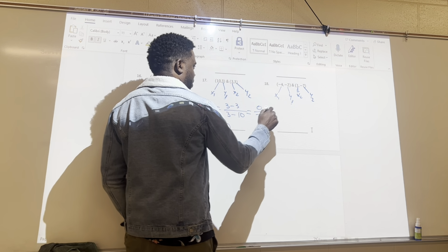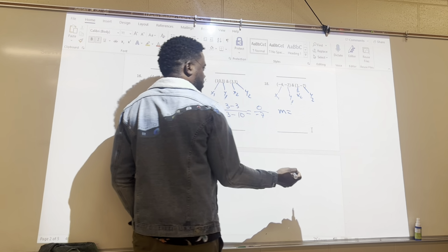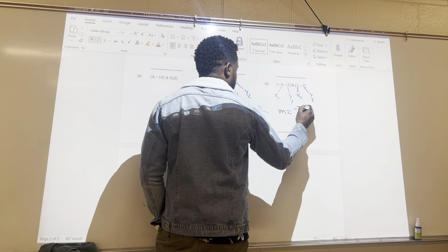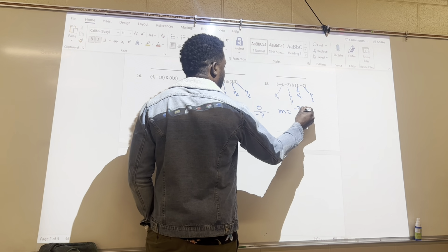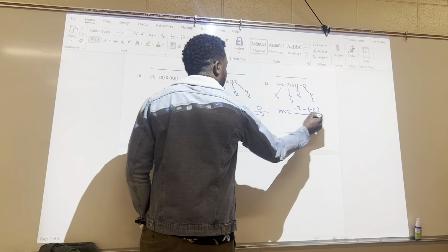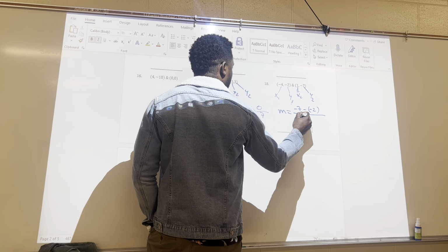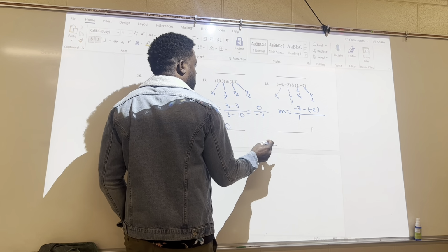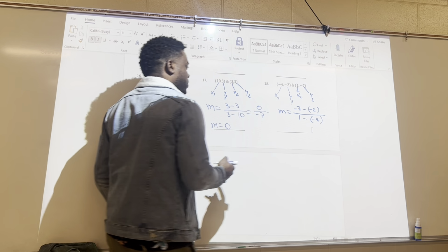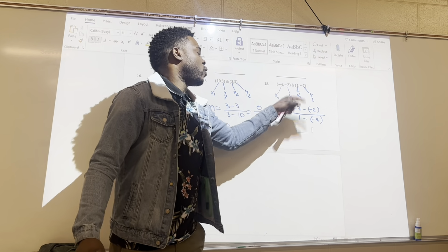All right. So now I'll apply my formula, which is y2, which is -7, minus y1, so minus parenthesis -2, right? And then divided by my x2, which is 1, minus, and the minus in the formula, and then -4, right?